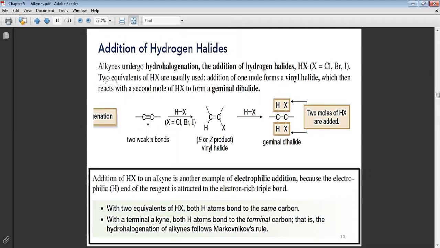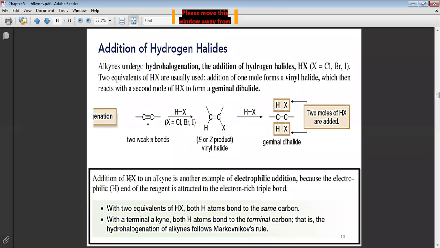If you have 2 equivalents of HX, it will give you a saturated compound with 2 halides, a geminal dihalide. That means both of the halogen atoms are bonded to the same carbon, the same carbon that had the hydrogen atom.